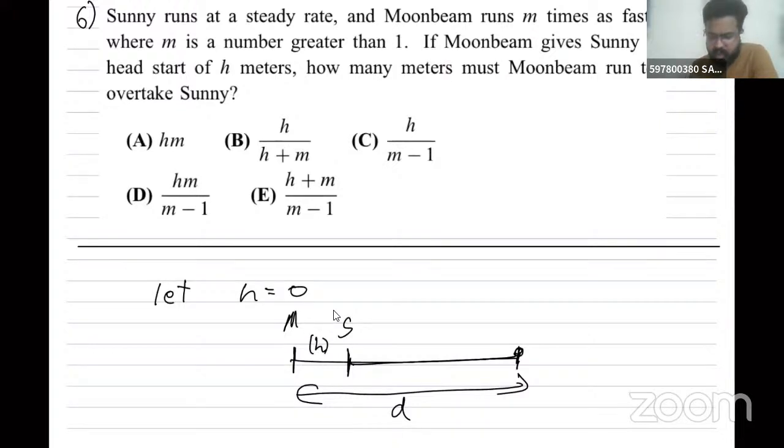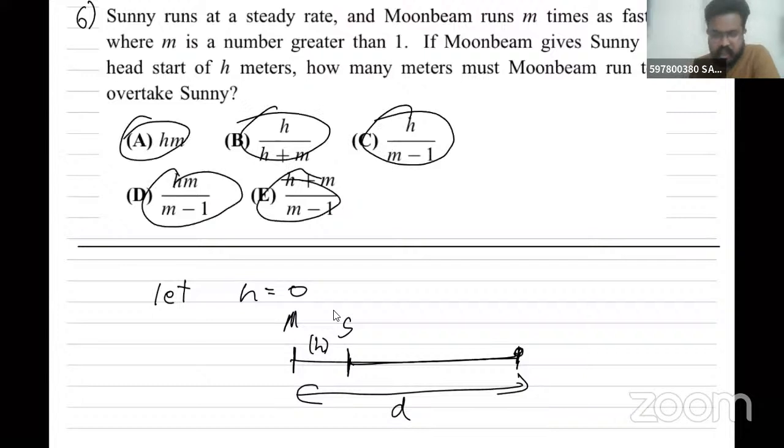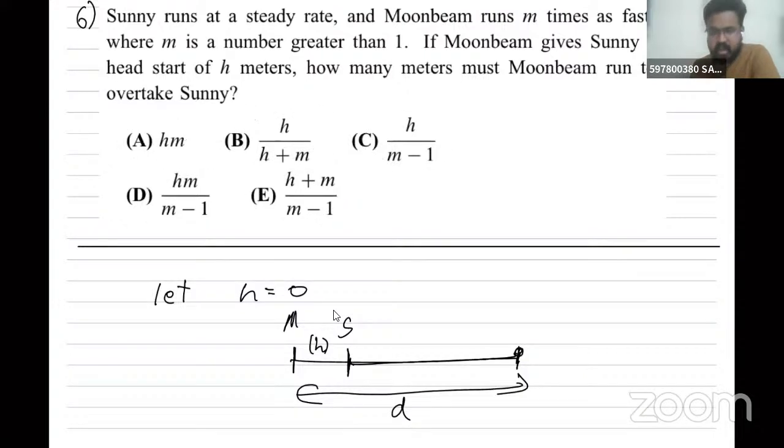Now, can you agree that h equal to 0 is a nonsense situation, but still mathematics will give a result for that situation also. Whichever of these equations is the correct answer must give the correct response for this situation also. Correct. So just check, when we put h equal to 0, what does logic say?